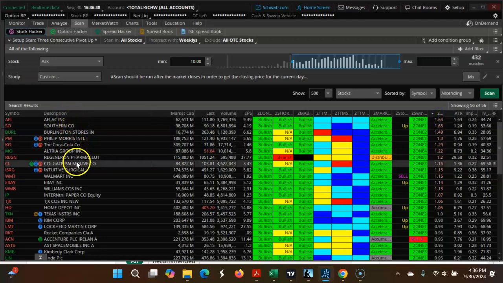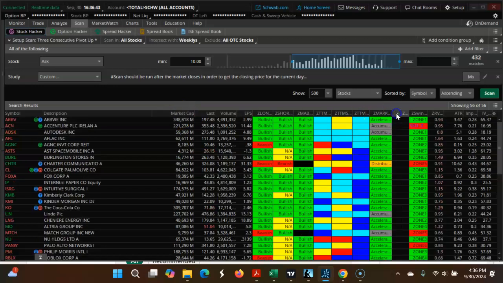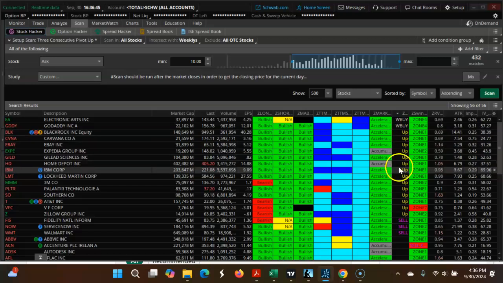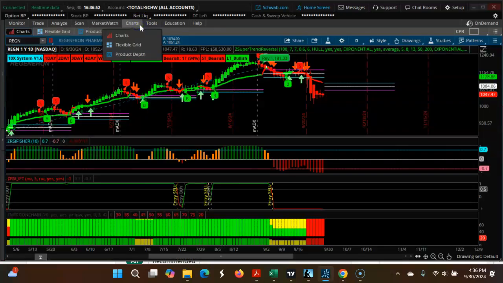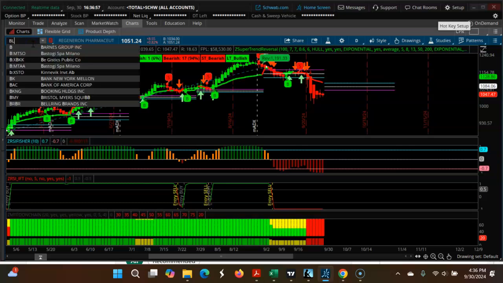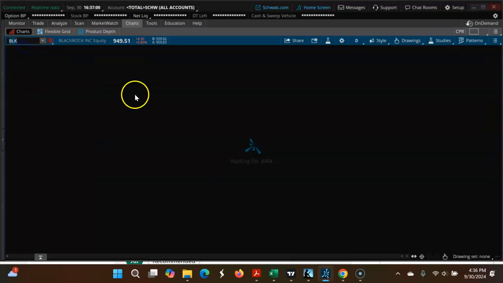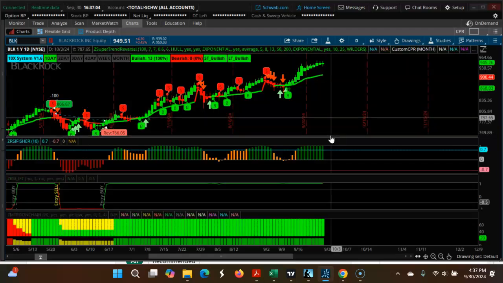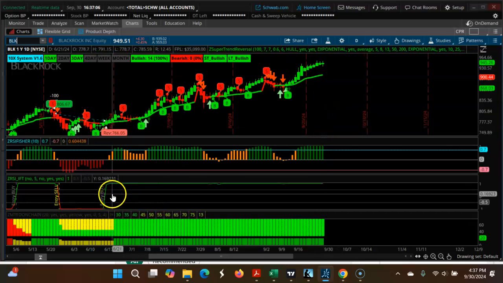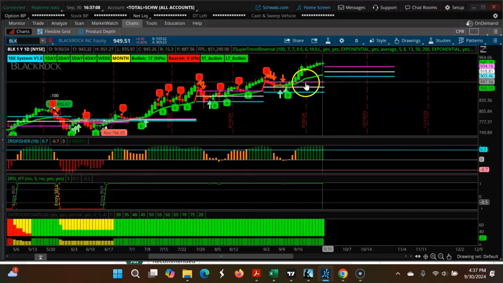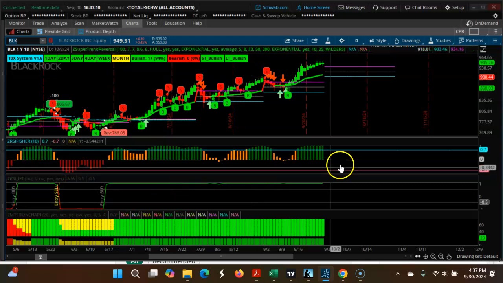AFL. BLK. Let's look at BLK. See the bullish, 3 CPR bullish, all time frame bullish.